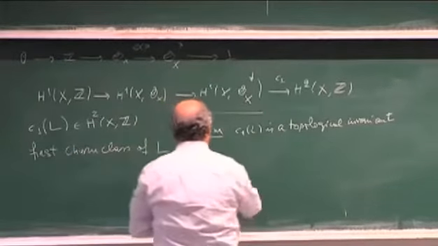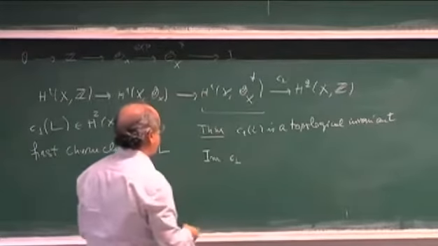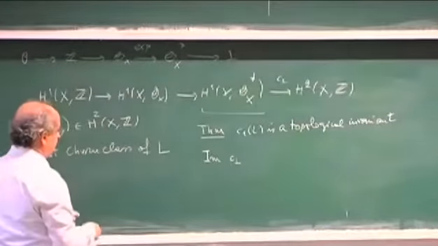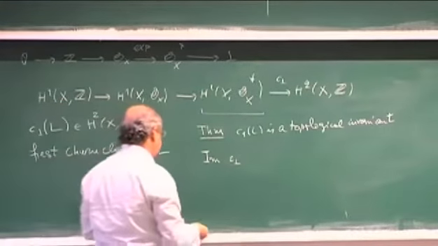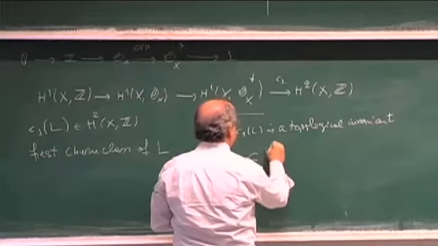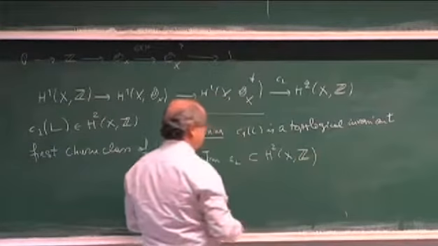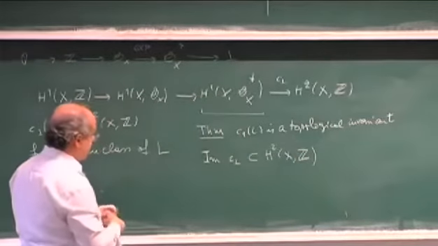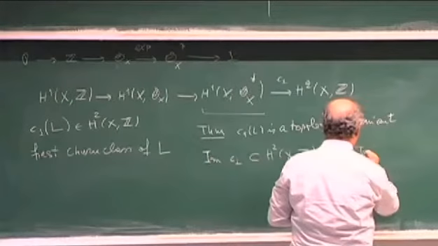In particular, well, perhaps I will not go into this detail. So the image is, in principle, strictly contained. Here, these are the so-called algebraic classes, but anyway, we don't have time to go into that.